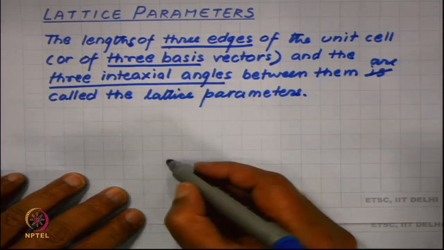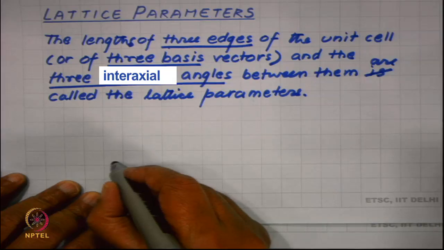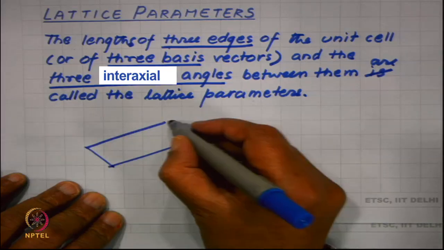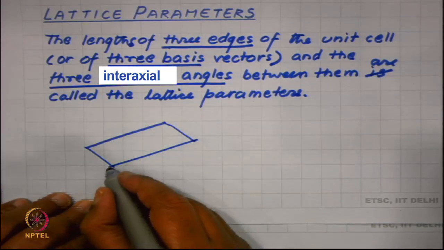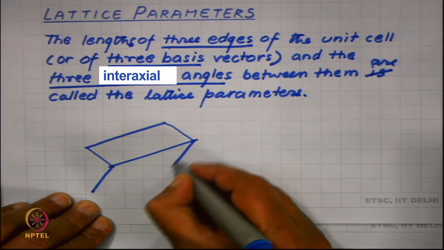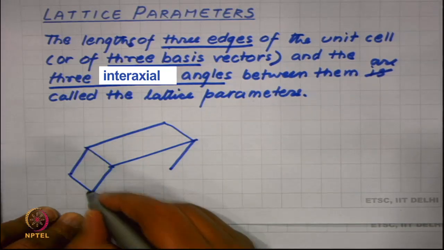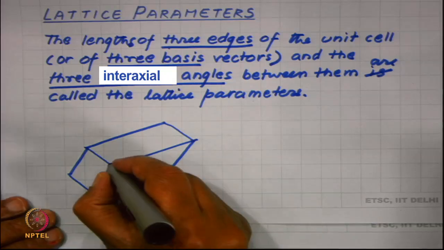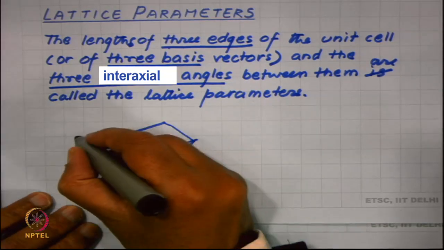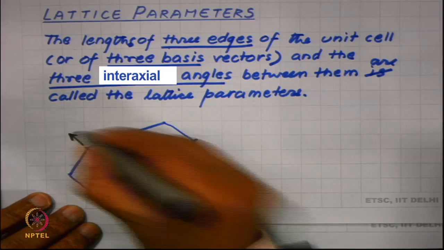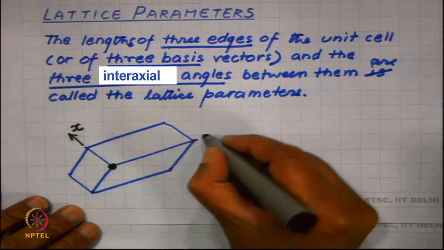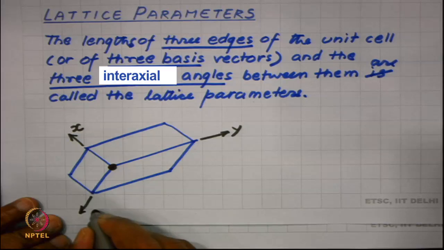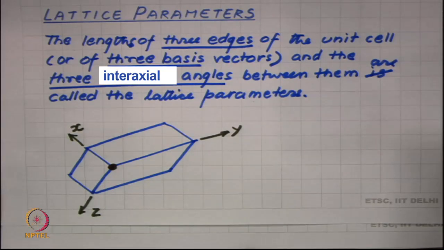So, let me try to draw a parallelepiped unit cell to define these. So, suppose I have a parallelepiped unit cell. And I choose this as my origin and choose this as my x axis, y axis and z axis.